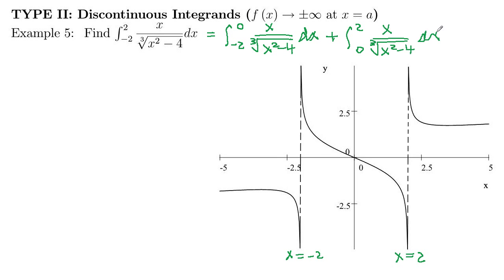And then both of these pieces have to be finite to give a value for this integral. If one of those pieces is infinite, then we stop and we say that the integral diverges.